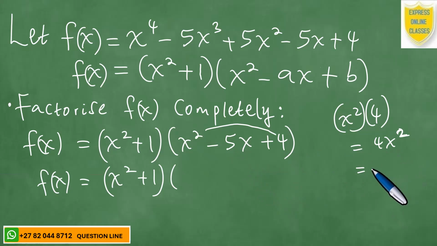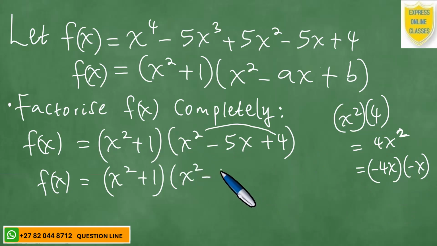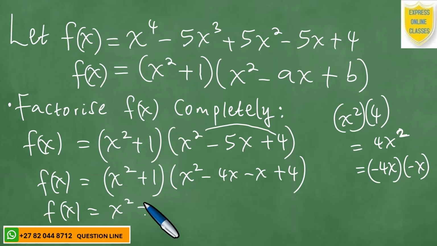We can be rest assured that we have minus 4x together with minus x, because the product is exactly 4x squared, yet the sum minus 4x minus x gives us minus 5. So you have exactly x squared minus 4x plus 4 times x squared plus 1.